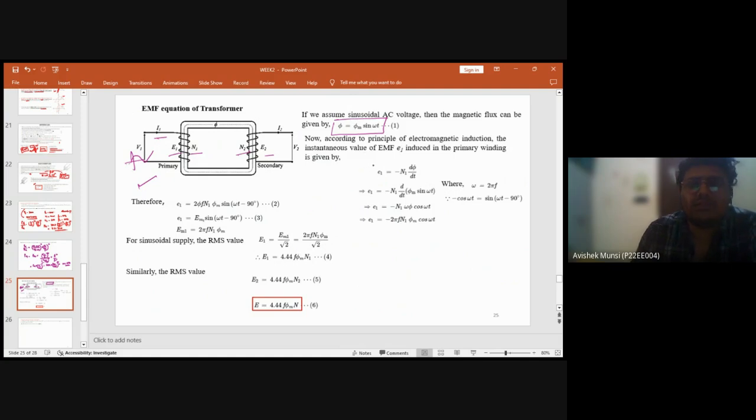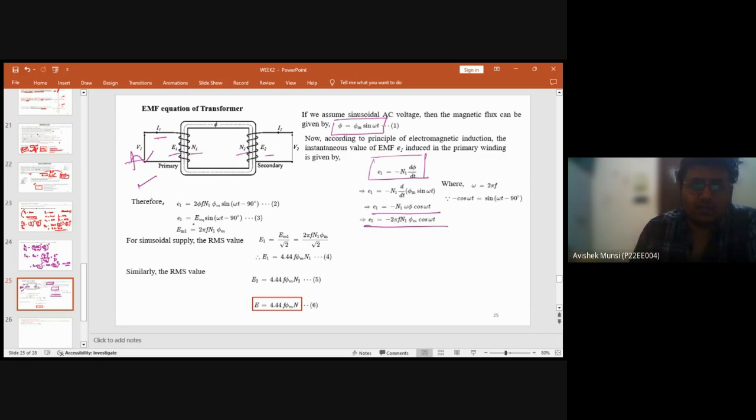Now the EMF generated according to Faraday's law will be N d phi by dt. So EMF at primary will be N d phi by dt. The phi is phi m sine omega t. If we differentiate it, it will be omega cos omega t. We got E1 as minus 2 pi f N1 phi m cos omega t. Okay.